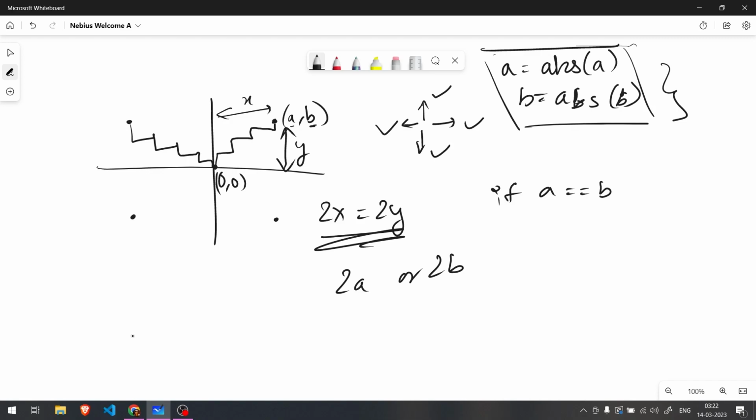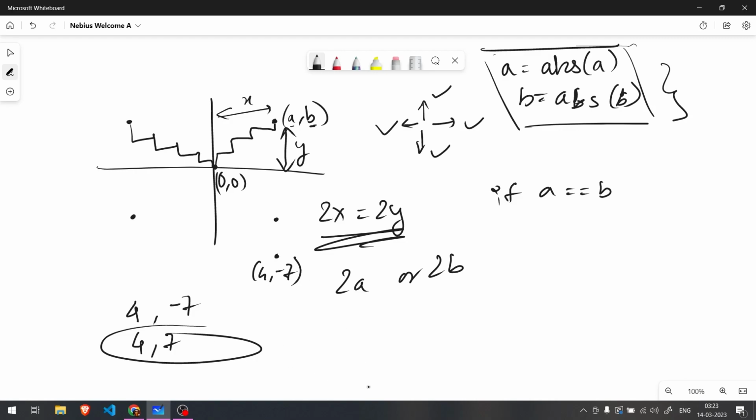And now what if a is not equal to b? For example, if the input is 4, -7, that would be 4 and -7 somewhere over here, right? So the first thing we do is we take the absolute value, so it becomes 4, 7. And what is the shortest or easiest way to reach it?